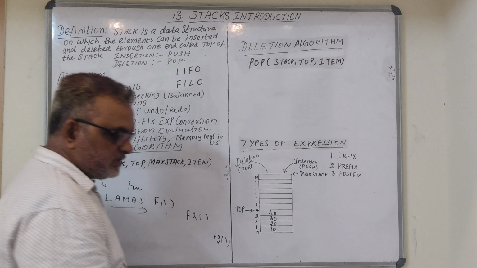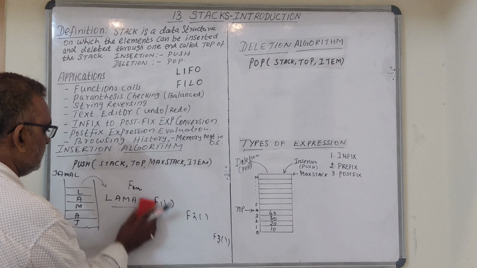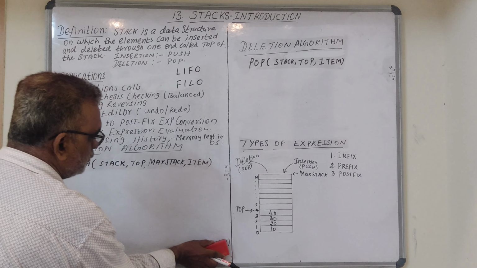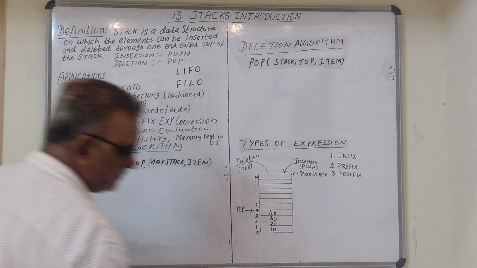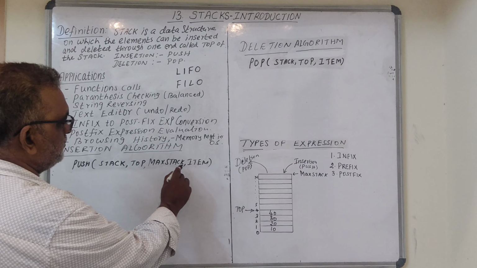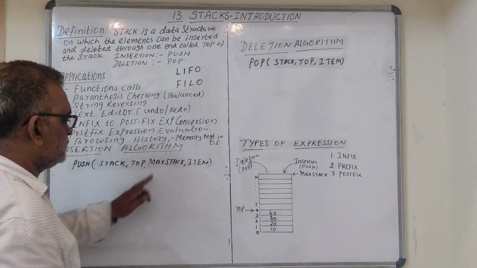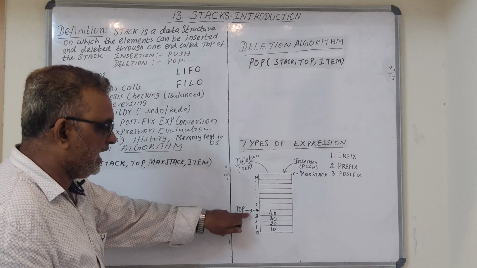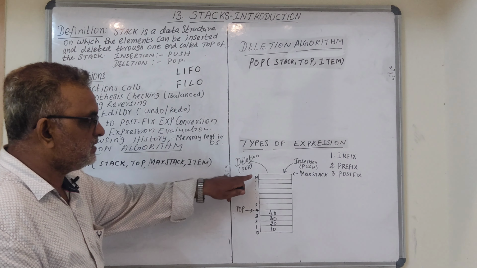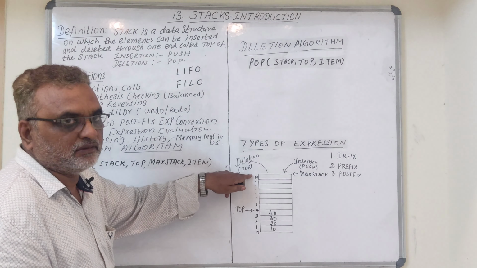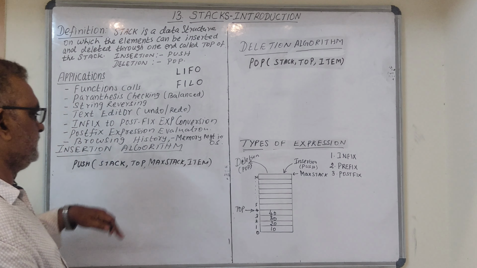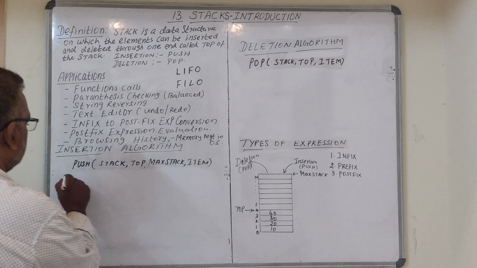Next let us see how to insert an element in a stack, that is how to push an element in a stack. Push takes stack, top, maximum stack, and item. Here top is the position of the last element available, and maximum stack is the value of n, the maximum size of the stack. Let us consider the first condition.